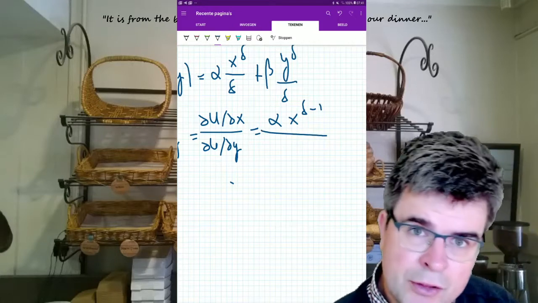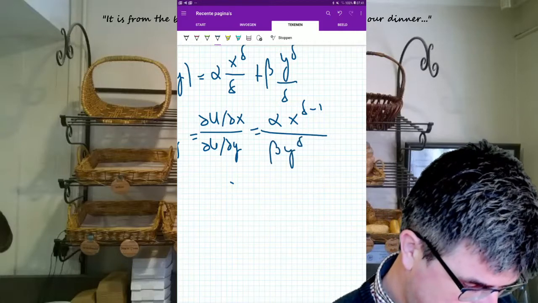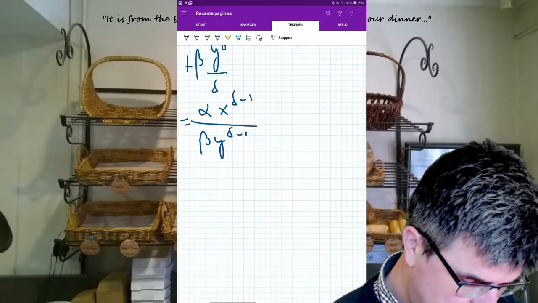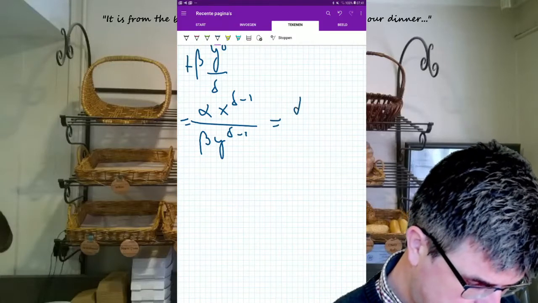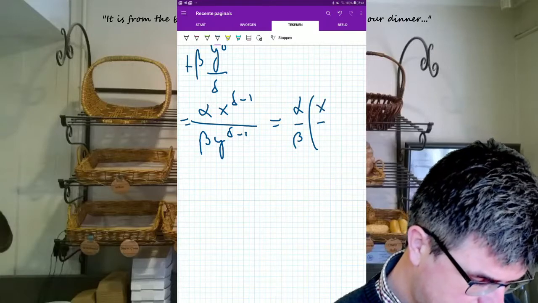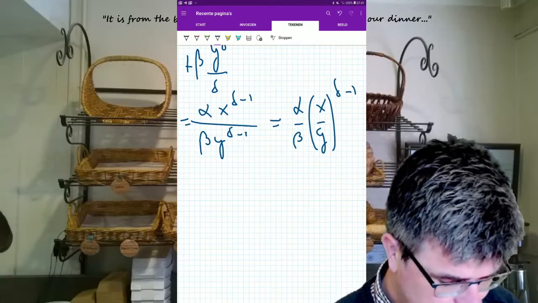Taking the derivative with respect to y, we get beta y to the power delta minus 1. And we can rewrite this as alpha over beta times x over y to the power delta minus 1.